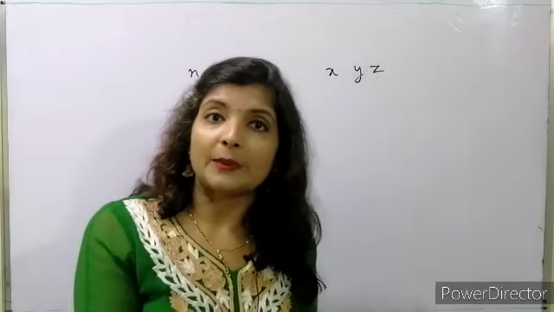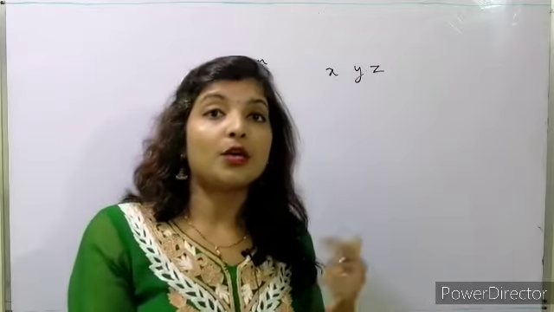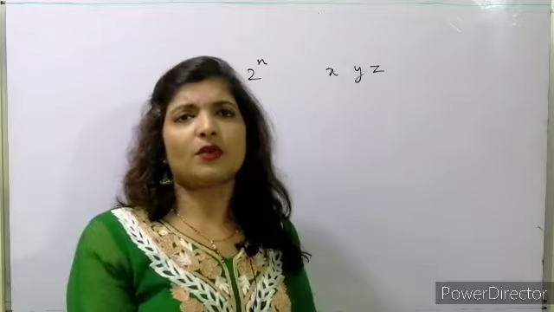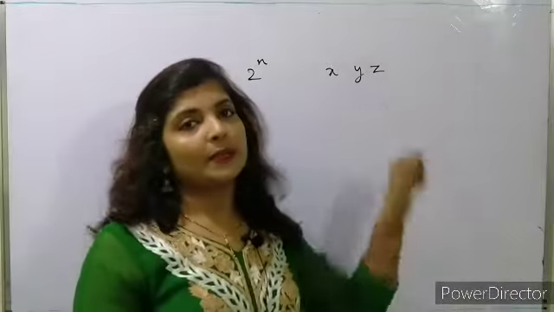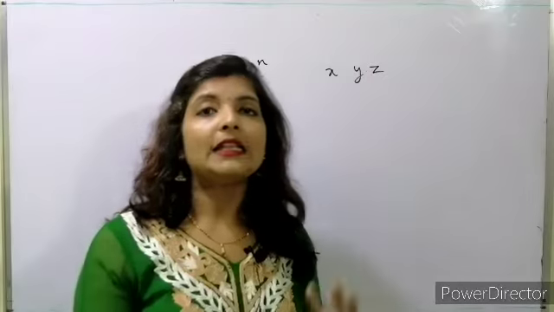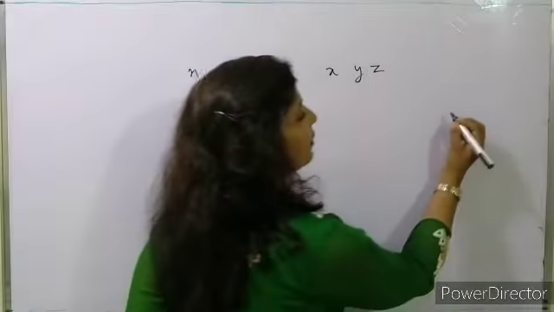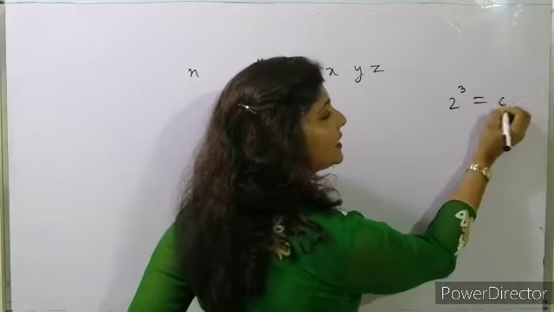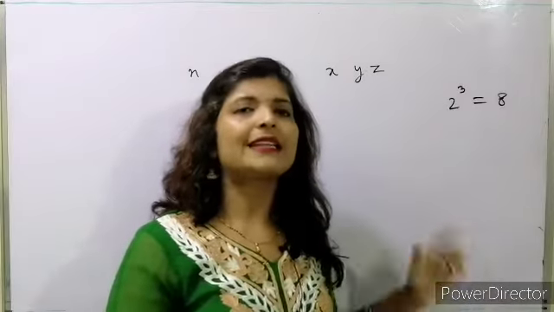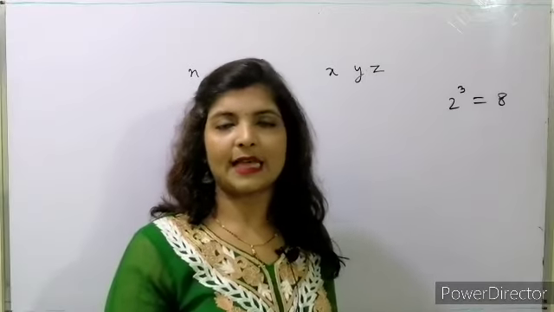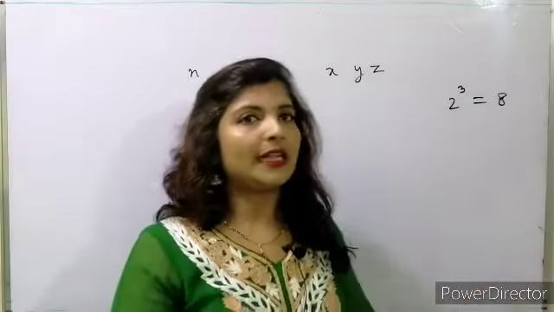If we have two variables, there will be 2 to the power 2, that is 4 terms. If we have three variables, then the number of terms will be 2 to the power 3, that is 8. So we'll take an example of x, y, z and I'll show you the table.